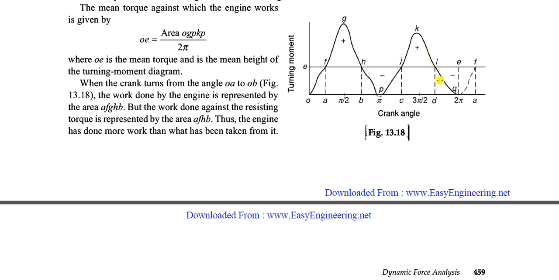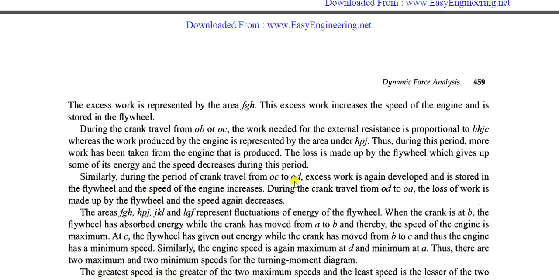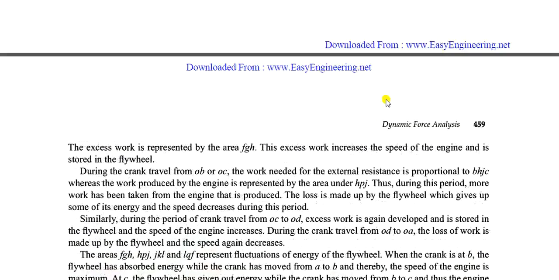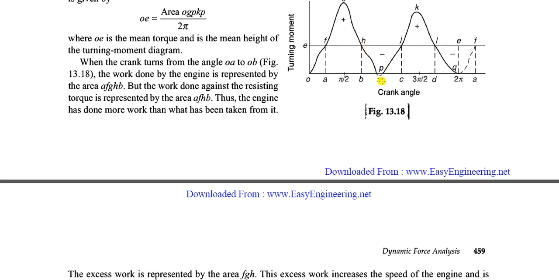In the same way, he has written this theory, you can read and understand it. During the crank travel from OB to OC, the work needed for the external resistance, to maintain the same speed, is proportional to this area, where the work produced by the engine is represented by the area under HPG, H, P and J. From here to here is the production, but the requirement is equivalent to this rectangle.